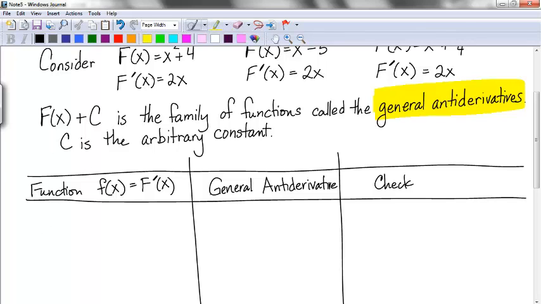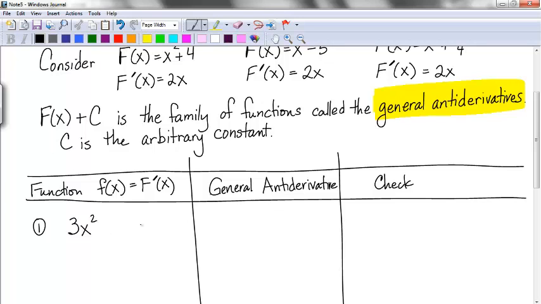So when we look at the ones over here in this first column, what I'm now actually giving you is the derivative. Okay? So if I said this was 3x squared, to find the antiderivative, before when we found the derivative, we took the exponent times the number in front, we depressed it by 1. Now we're going to find the antiderivative.